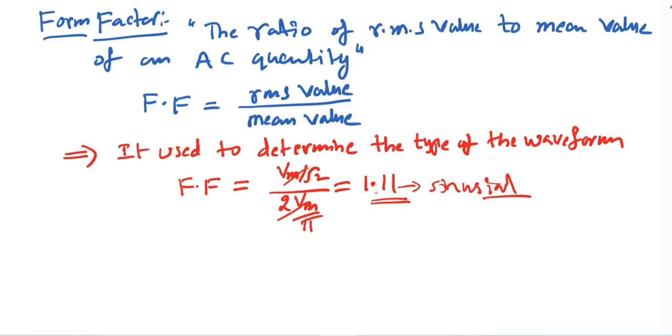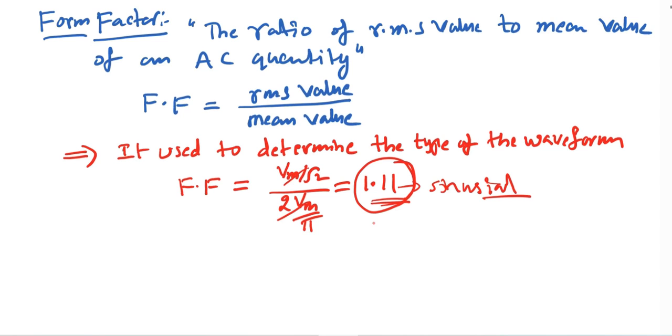If it is a trapezoidal waveform, then the form factor may be different. If it is a triangular waveform, then the form factor may be different. So this is how the form factor has significance. By seeing this number, you can identify whether it is closer to a sinusoidal waveform, or whether it is distorting or going beyond the sinusoidal waveform.